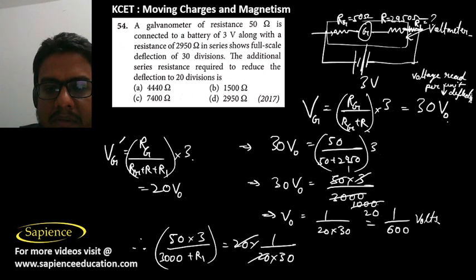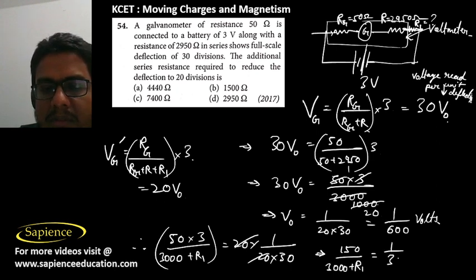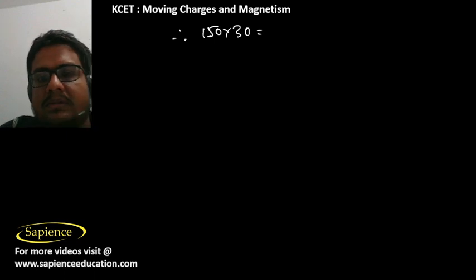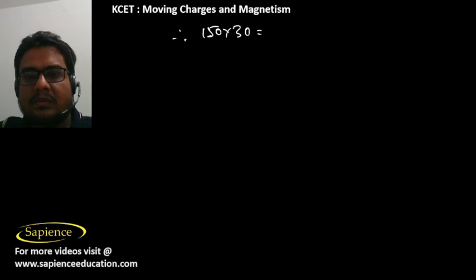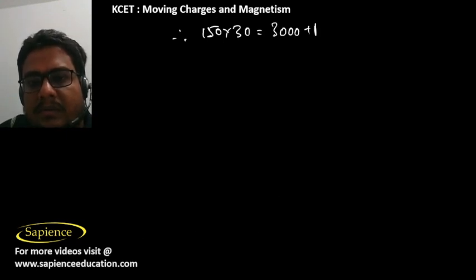So 20 and 20 will cancel. So 150 by 3000 plus R1 is equal to 1 by 30. Therefore 150 into 30 is equal to 3000 plus R1.